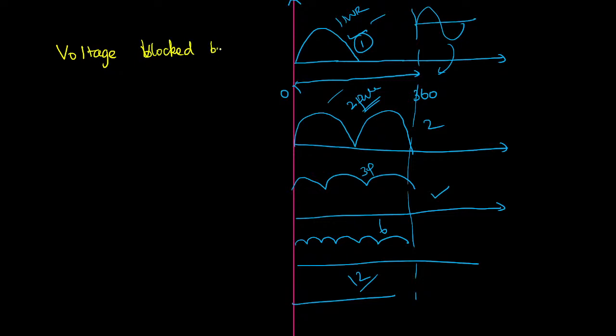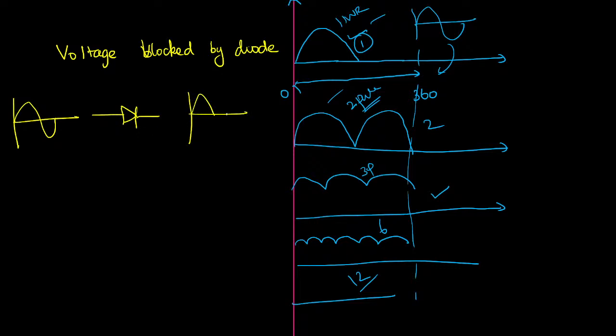See, blocked by the diode means suppose we pass some sinusoidal signal from the input side, and in between we have the diode circuit. On the output side, I am observing only one pulse. I don't know where the second pulse is. In between, input is your source.